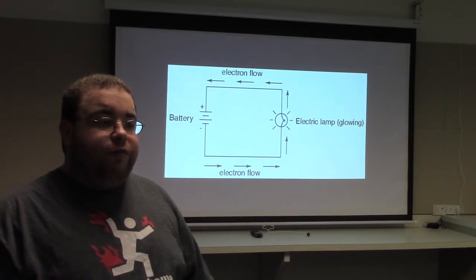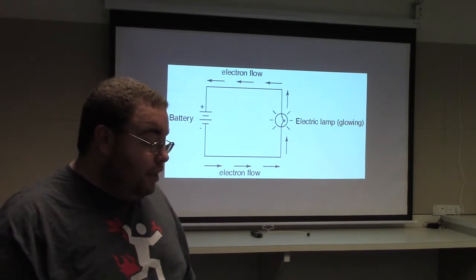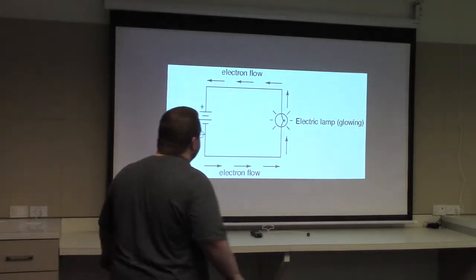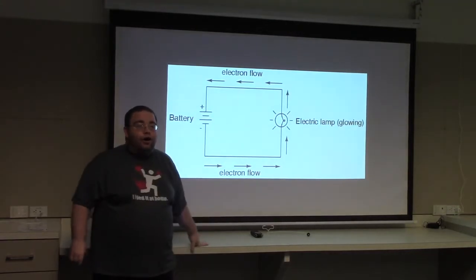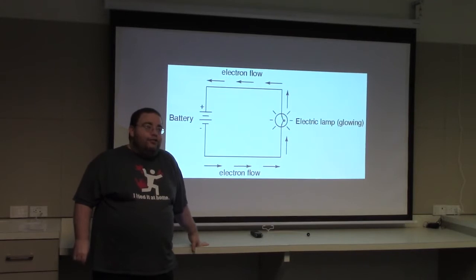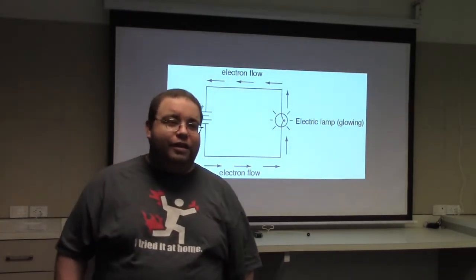One of the more annoying things about this is, remember that what is actually moving are the electrons. So the actual electron flow is from negative to positive. The problem is, all of the symbols we use commonly for electronics assume that the current is going positive to negative. And when I say all, I mean about 85%.